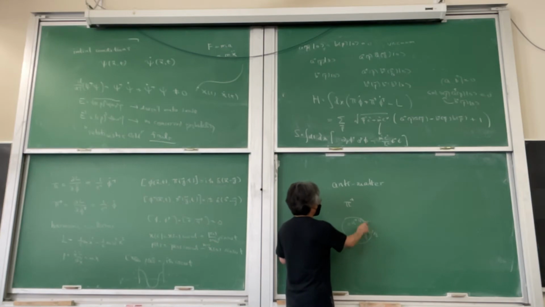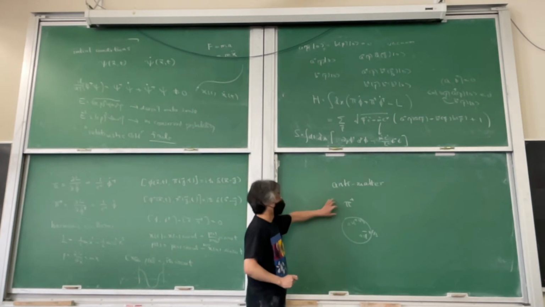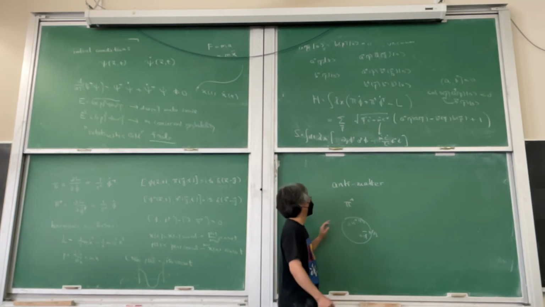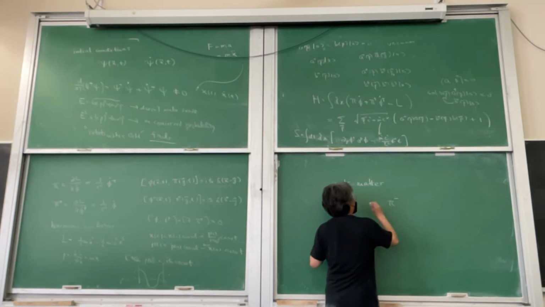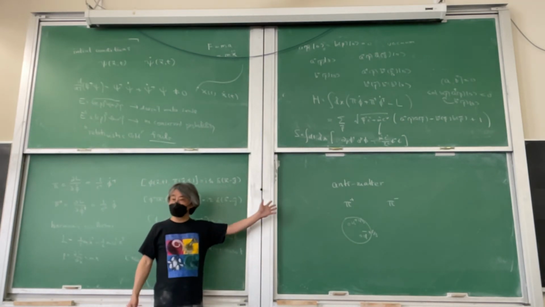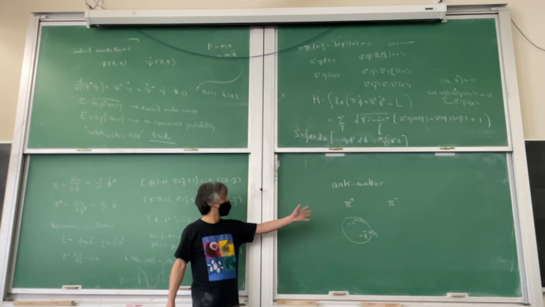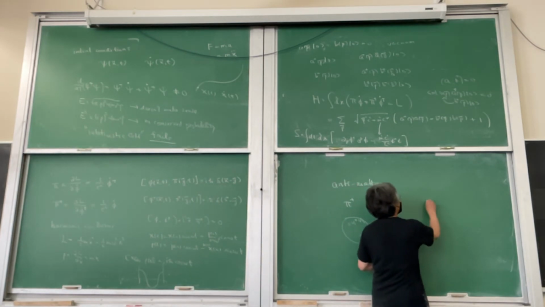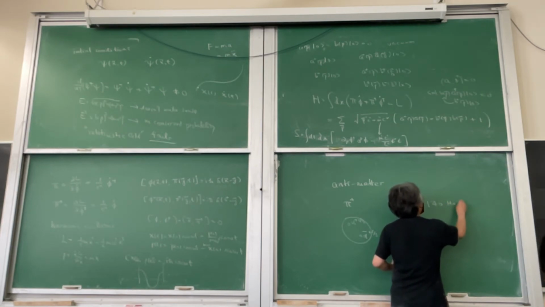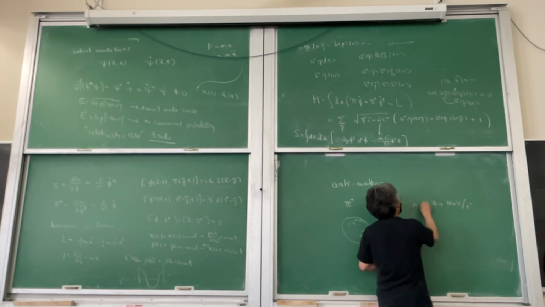If you add them together, that's charge +1, so this particle exists. At the same time, there is also the antiparticle of this particle, called pi minus. They have opposite charges, plus and minus, but the same mass of about 140 MeV/c².